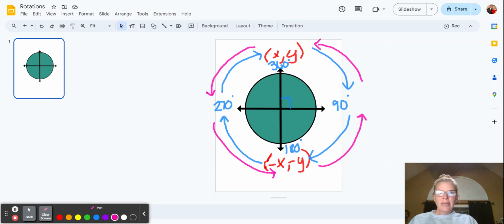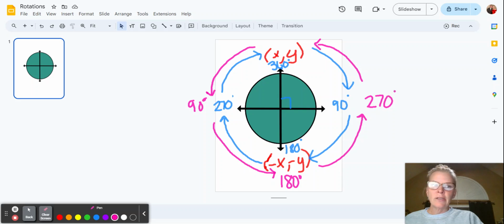You're still going to make those rotations, but instead of going from the top at 360 going left, you're going to make that 90 degrees going counterclockwise. The bottom is still 180 degrees, half a circle. And then another quarter would be equal to 270 degrees counterclockwise.